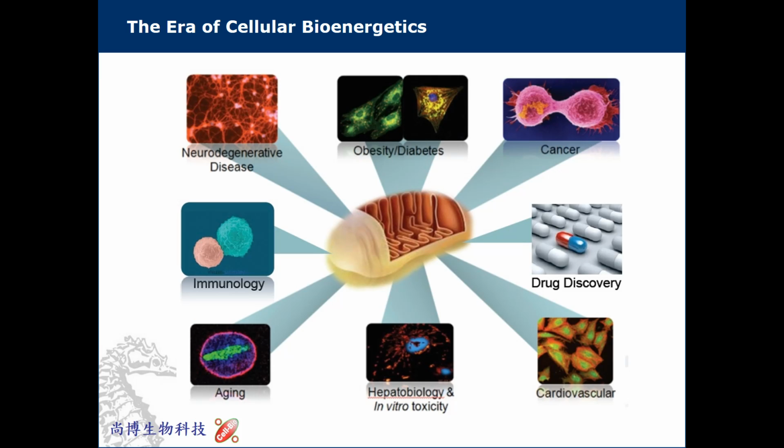So you can imagine there are a lot of diseases related to mitochondrial dysfunction, like neurodegenerative disease, obesity, diabetes, cancer, immunology function, aging, and the capacity of hepatobiology to in vitro toxicity. So it is a very useful parameter to know the relationship between mitochondria and the disease you would like to research.